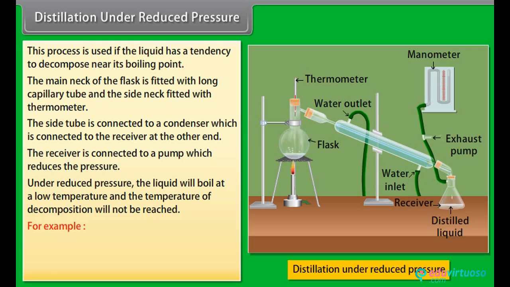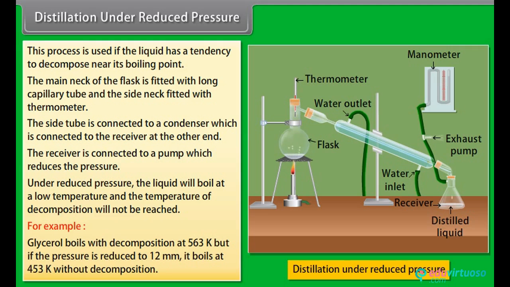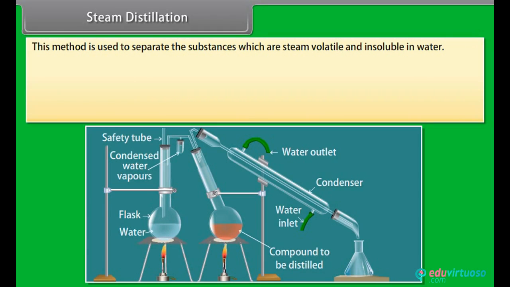For example, glycerol boils with decomposition at 563 Kelvin, but if the pressure is reduced to 12 millimeters, it boils at 453 Kelvin without decomposition. Steam distillation. This method is used to separate substances which are steam volatile and insoluble in water.